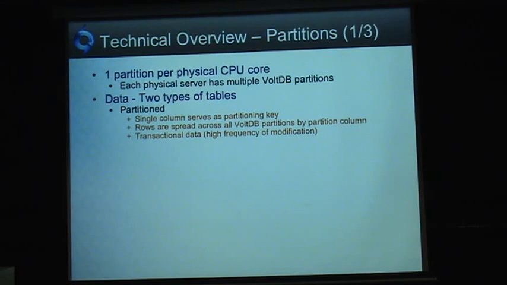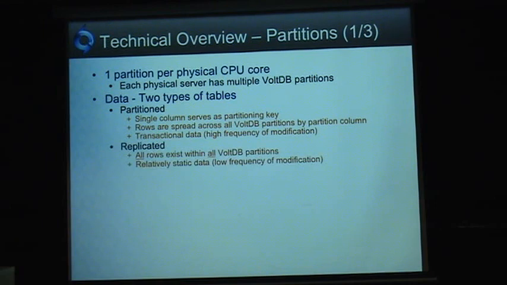We spread those rows across all the VoltDB partitions by that column with a very simple modulus function. This is going to be your transactional data, data with a high frequency of modification: lots of inserts, updates, deletes, and selects. If you're doing an order entry system, this is going to be your customer order table, your inventory table, those types of tables.